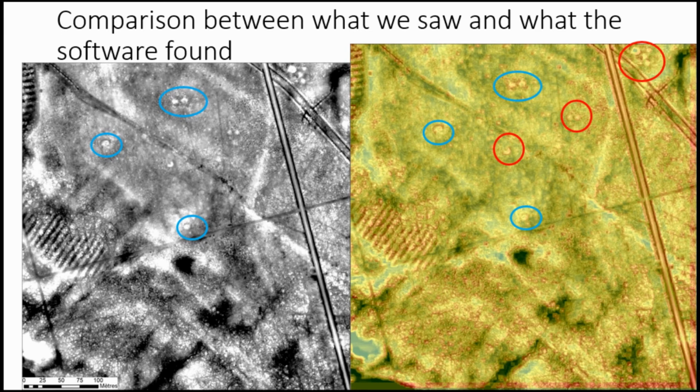In blue, you have the ones which we recognized before, and then we missed some here and here, which, if we look at the base image, we could have maybe found, but we didn't take a closer look.